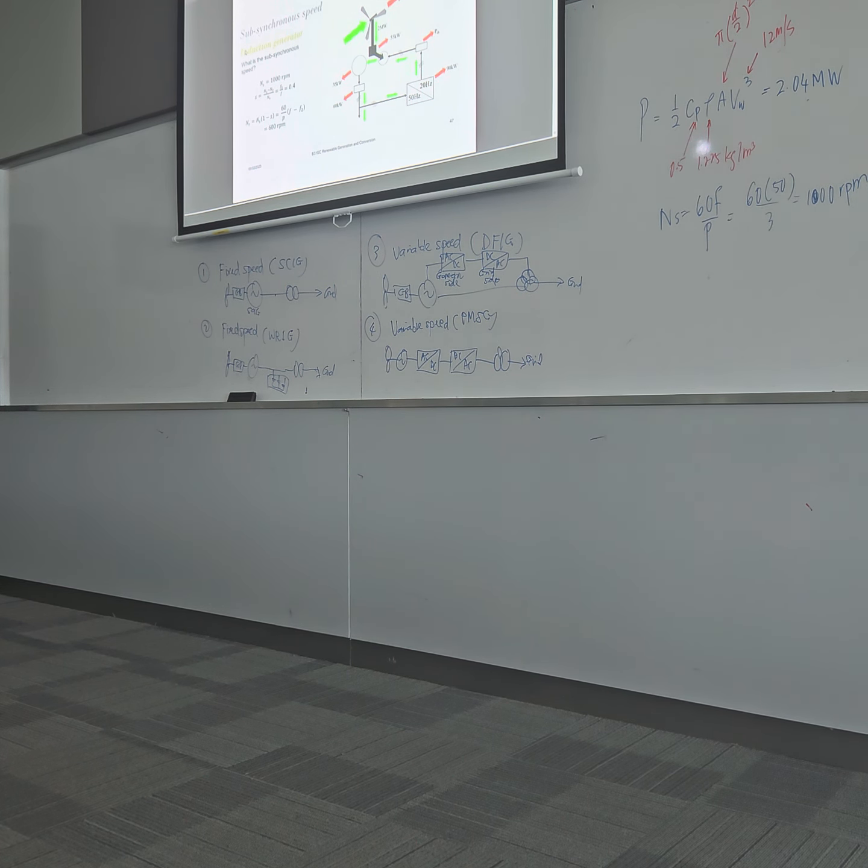And your S in this case is NS minus NR. Okay, so your NR here is 20 over 50. So 20 Hz. So your F2 is on the rotor side, right?